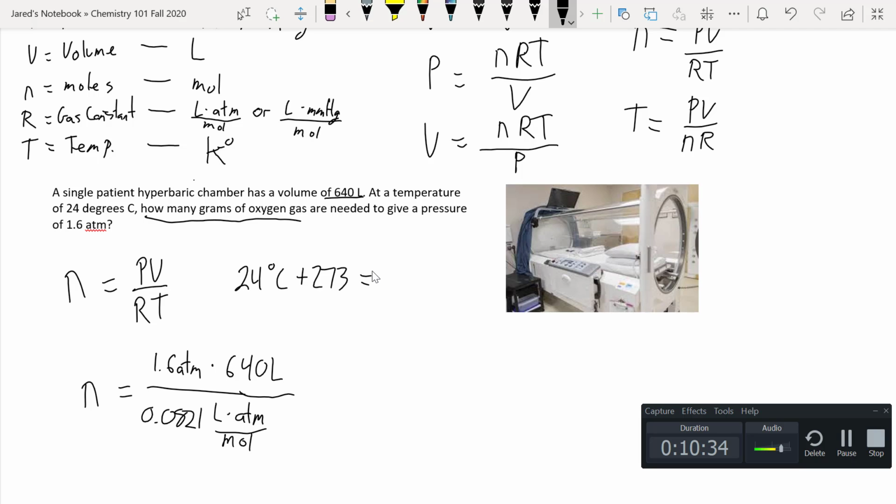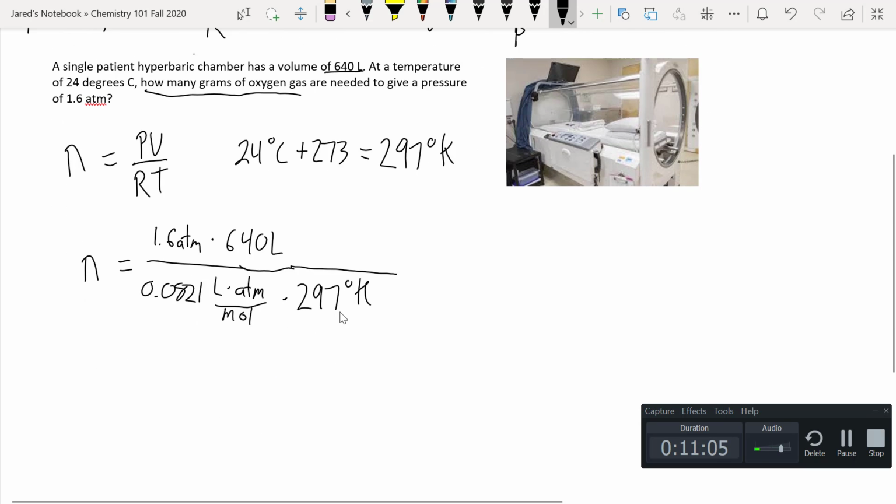And when we do that math, we come out with 297 degrees Kelvin. So we can go ahead and put that in here. 297 degrees Kelvin. Now we can go ahead and solve this equation here.